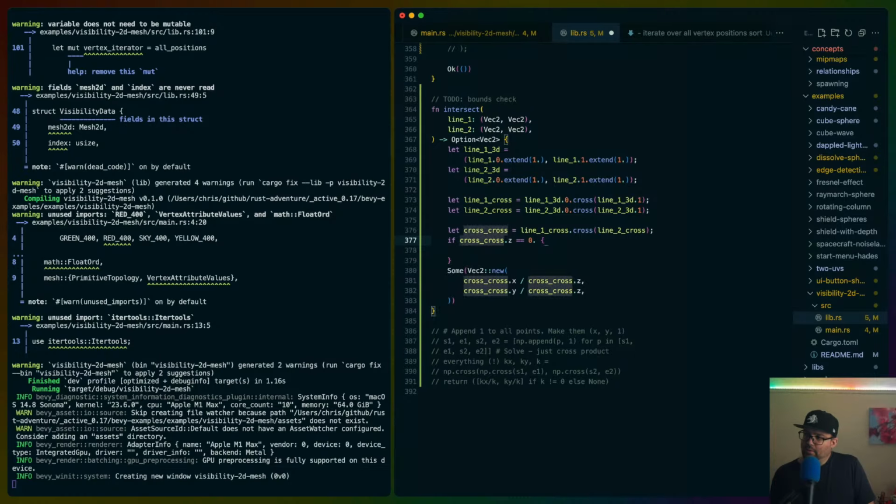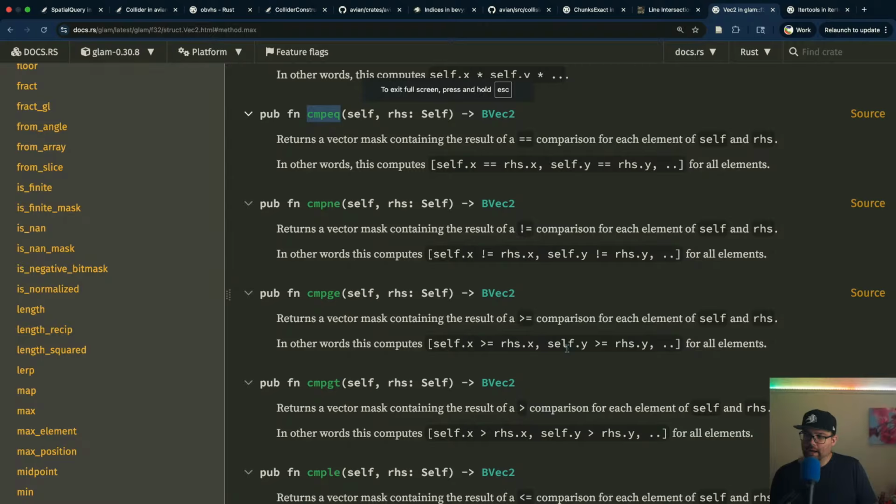That is not the right way to do that comparison. It's probably 0 with the epsilon, but return none. There's a way to do that comparison with the epsilon, right?